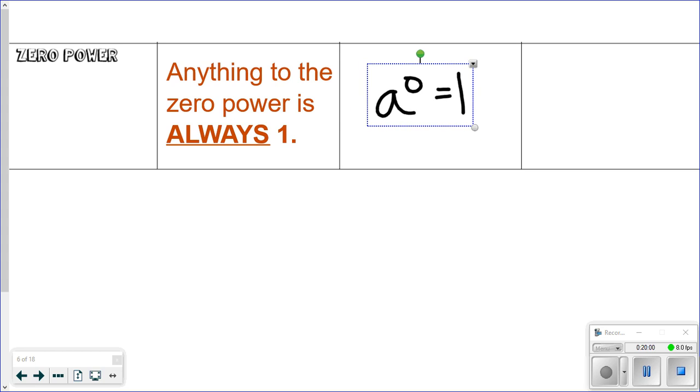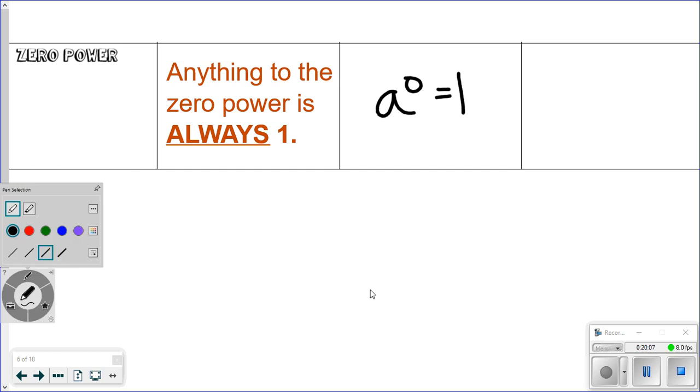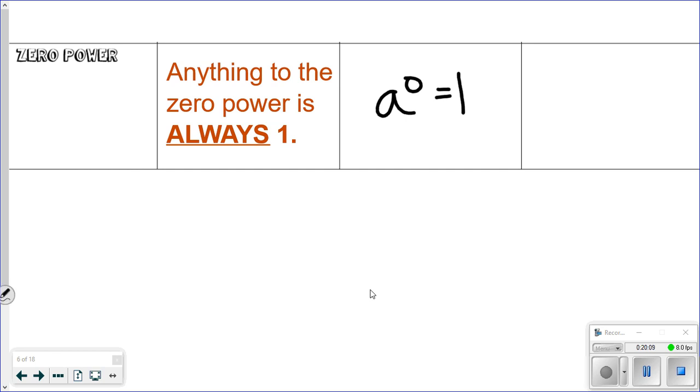That's the symbol straight from our book. And then let's walk through some examples here. 2.75 to the 0 power. That equals 1.